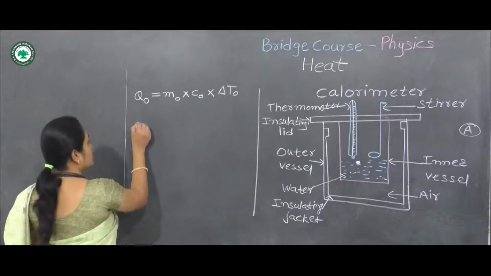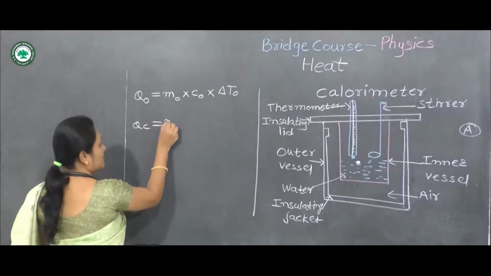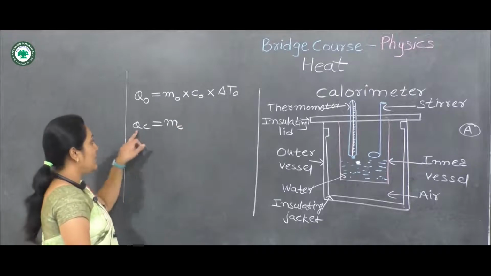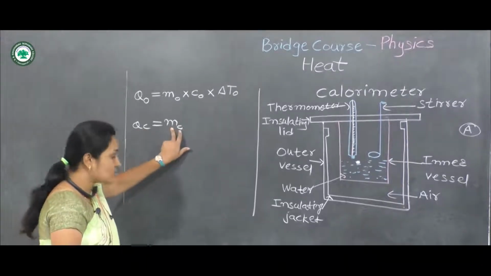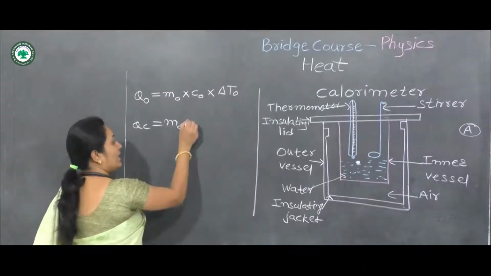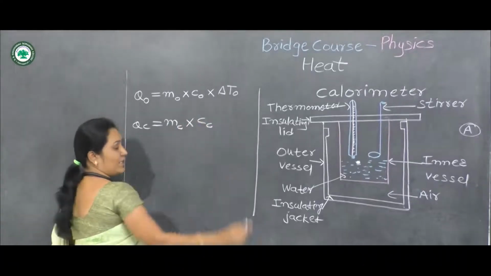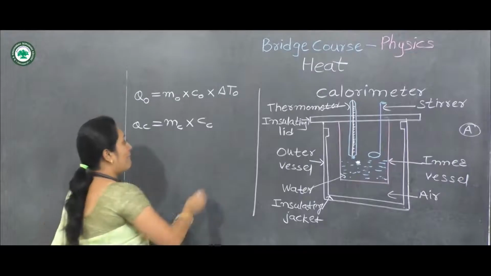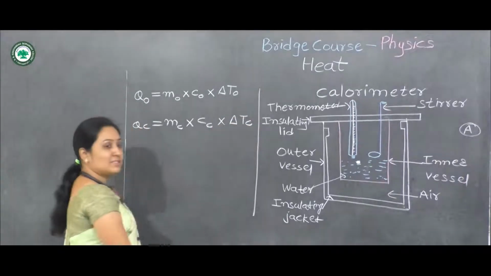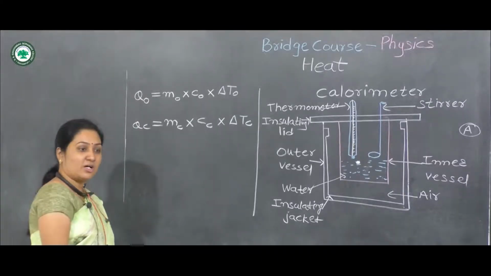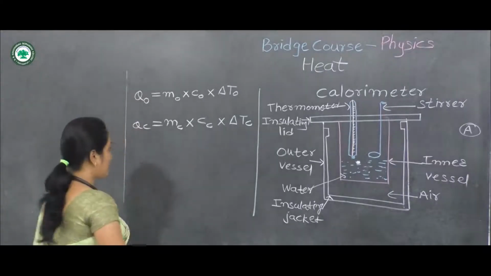Similarly, QC, the heat of the calorimeter, is equal to mass of calorimeter into specific heat of calorimeter multiplied by delta TC, the change in temperature of the calorimeter.